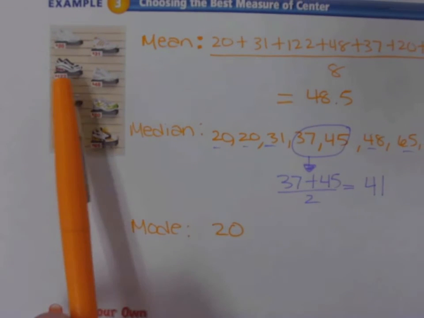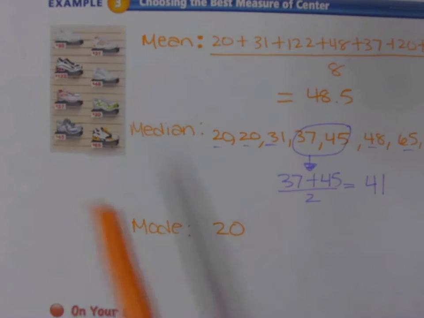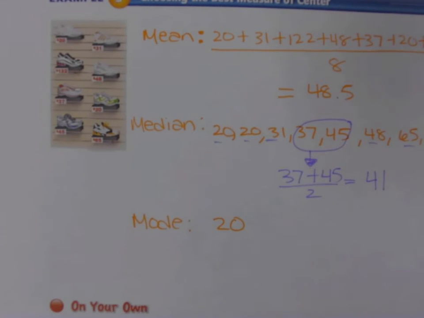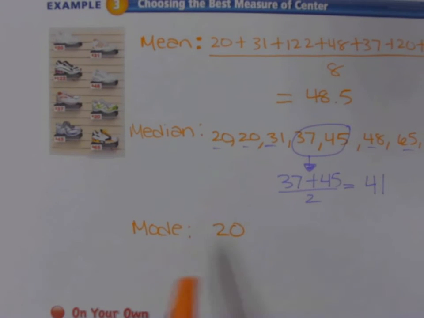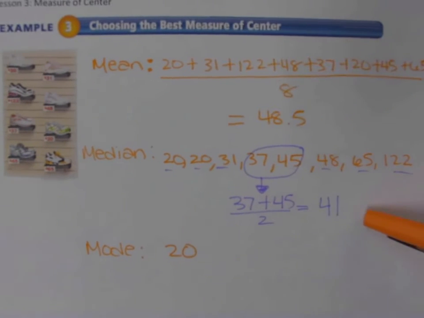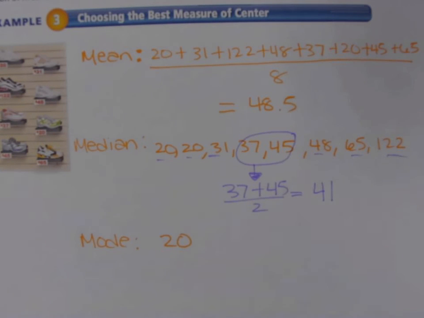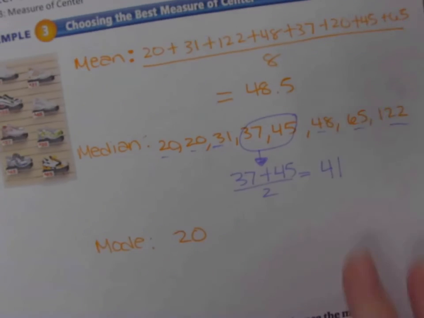If you think about that shoe that's $122, that 20 is way too low. That's not a good representation to say that if you go to the store, what you're going to pay is $20. So I would say the median is our best representation of our shoe price.